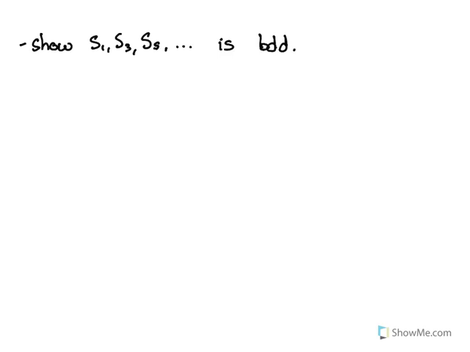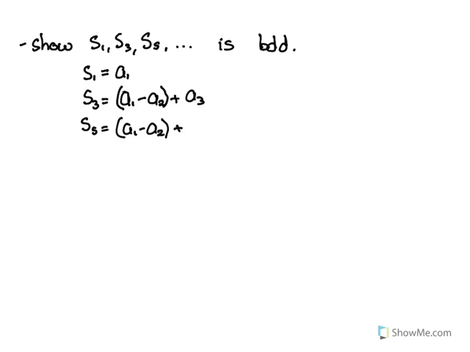And the way I do this is quite similar, but I write out S1 is equal to a1, and, sorry, I'm only considering the odd ones, so S3 is equal to a1 minus a2 plus a3. And in this case, I'm going to put the bracket around the first two terms. And S5 is equal to a1 minus a2 plus a3 minus a4 plus a5.